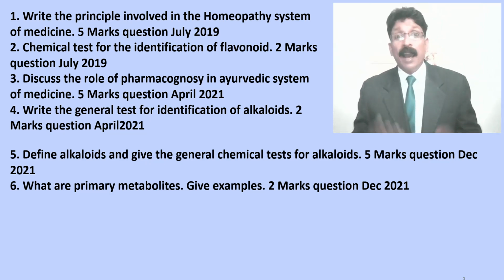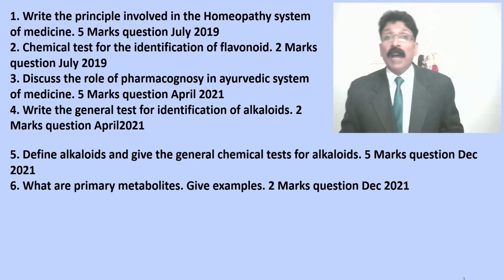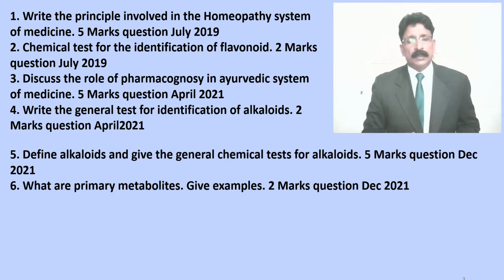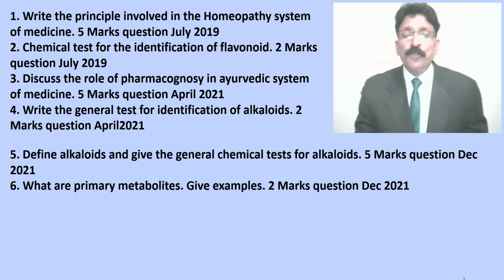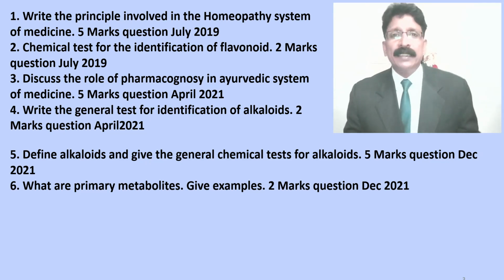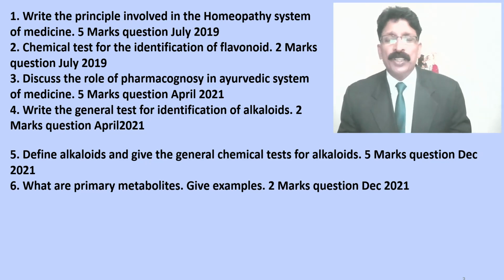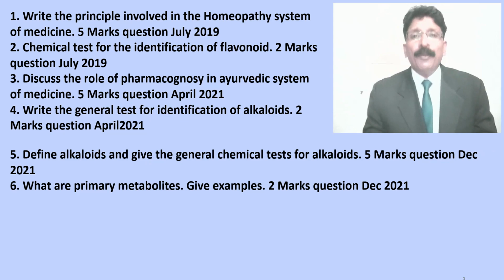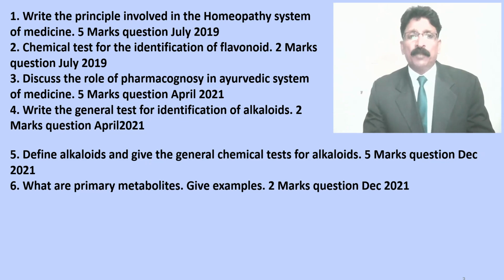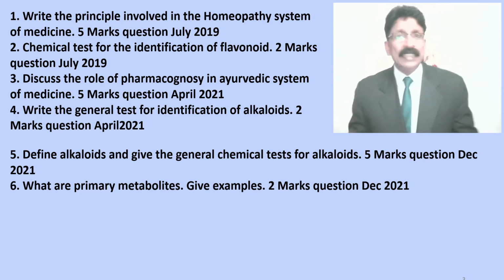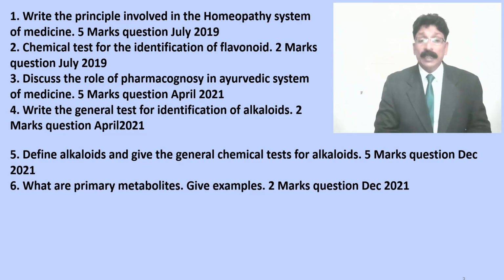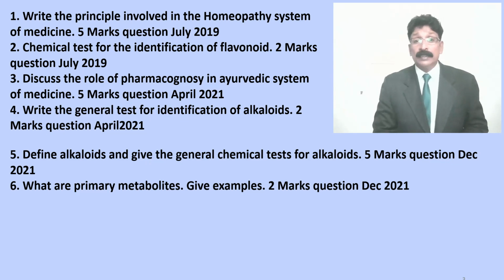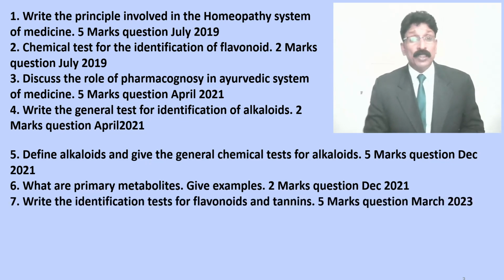They are needed for the survival of any living organism, for the development, for the building up of tissues, for their energy, for their metabolic pathways. They need primary metabolism. So this is another chapter, but still it is related to the question in this chapter. That's why I took this 2-mark question in December 2021.